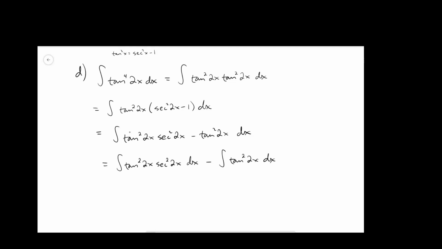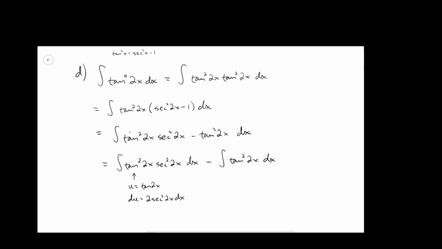Again, remember that the derivative of tangent just by itself is secant squared. So seeing a secant squared is always useful, even if it's not just by itself. If you see a secant squared multiplied by any power of tangent, that's nice, because here we can just say, what if I make u equal to tangent 2x? And what does that make du? Well, by the chain rule, it makes it 2 secant squared 2x.